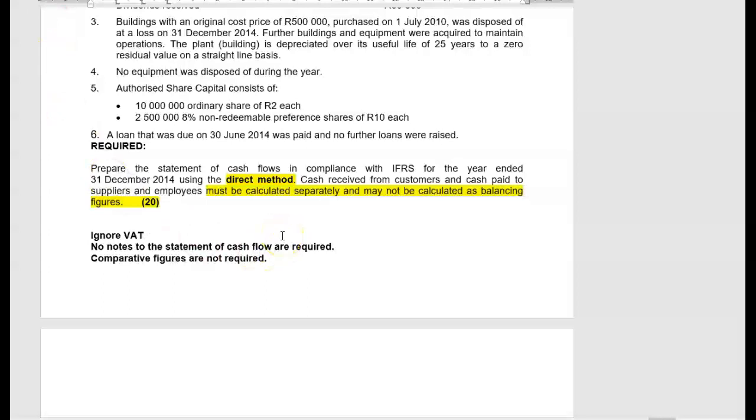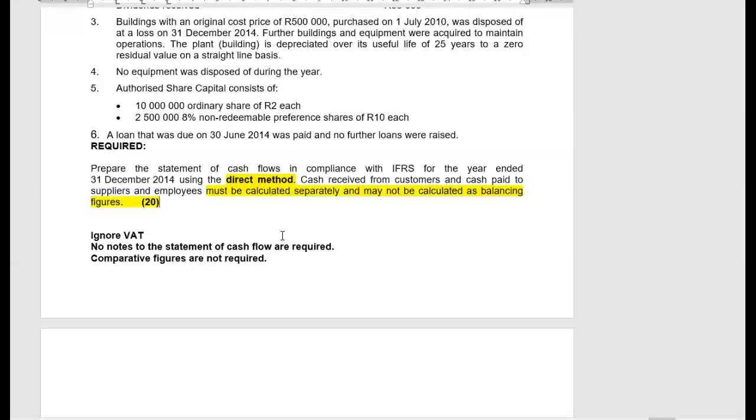Guys, remember what I've said: when I follow the direct method, the calculation for cash paid to employees and suppliers is very close to my reconciliation note of profit before tax to cash out of operations.